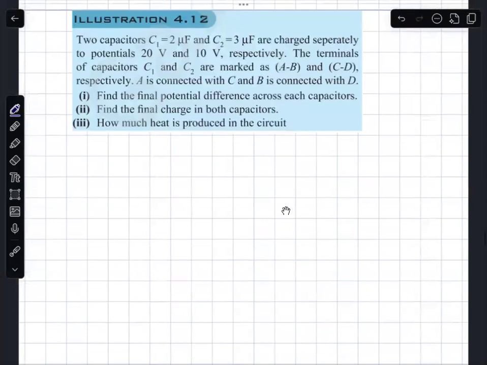Two capacitors, C1 is equal to 2 microfarad, C2 is equal to 3 microfarad, are charged separately to potentials 20 volts and 10 volts respectively. The terminals of the capacitors C1 and C2 are marked as follows.